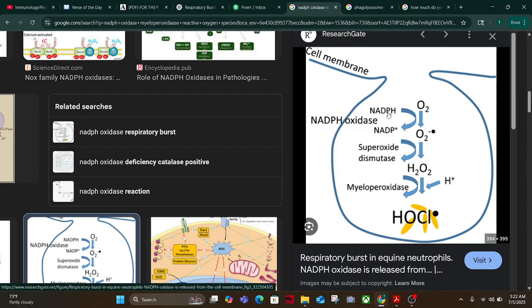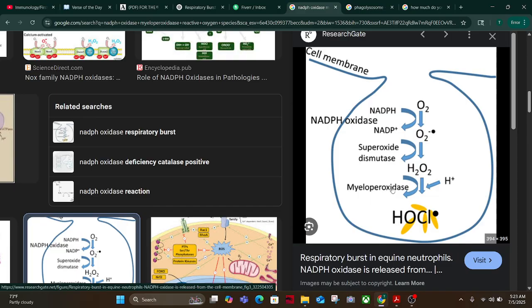N, S, M. Oxygen is converted to superoxide by NADPH oxidase. Superoxide is converted to hydrogen peroxide by superoxide dismutase. Hydrogen peroxide is converted to bleach by myeloperoxidase.